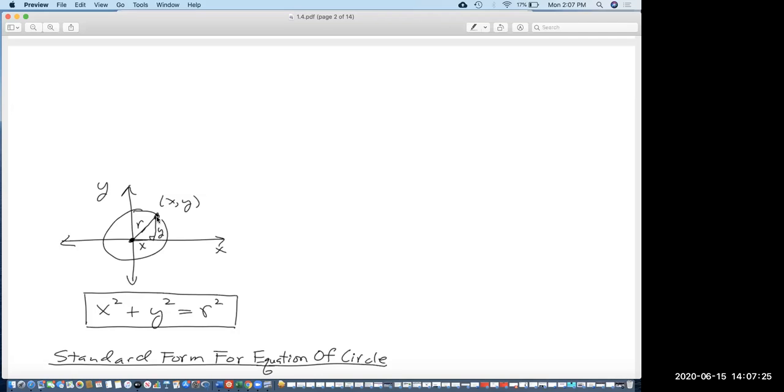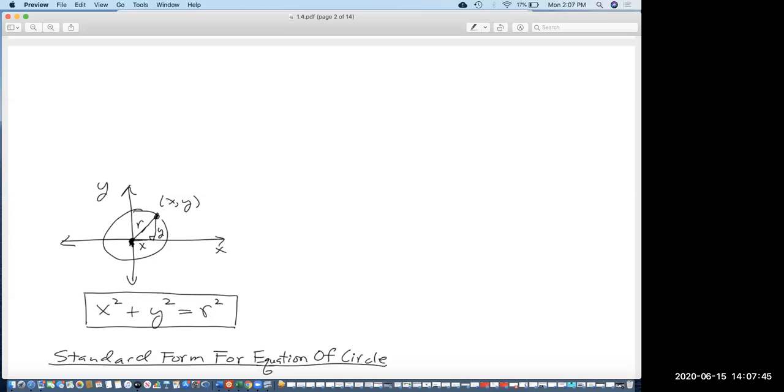Then a squared plus b squared is c squared: x squared plus y squared equals r squared. And so that is the equation of a circle centered at the origin of radius r.